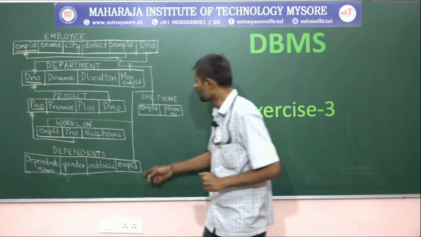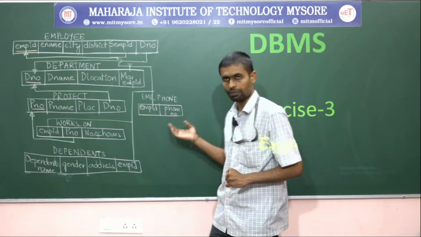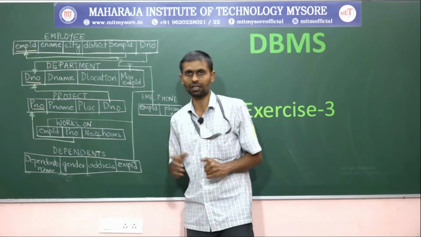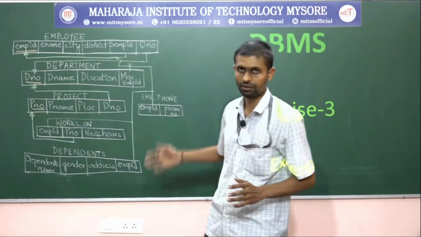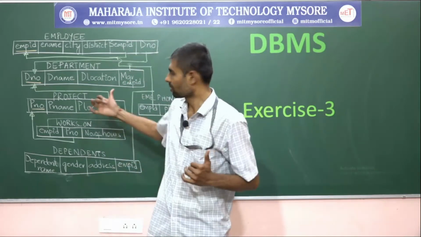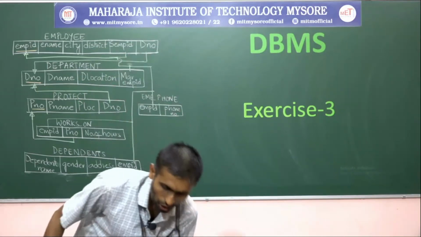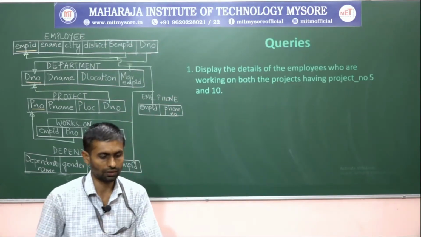Then we have employee phone number, where the phone number is a multi-valued attribute; to handle it, we created a separate relation. So we'll go with creating all these tables now, logging into MySQL.